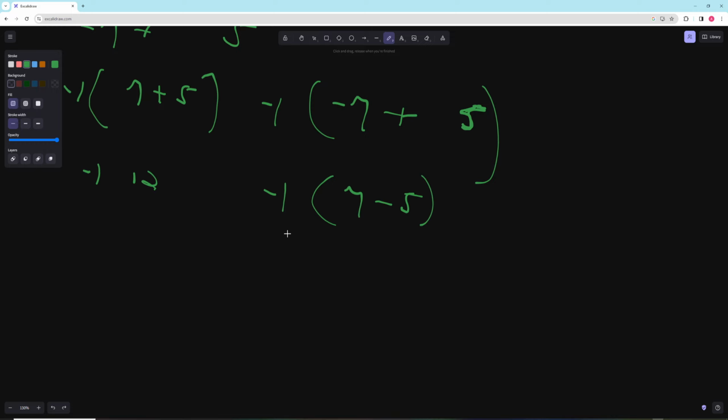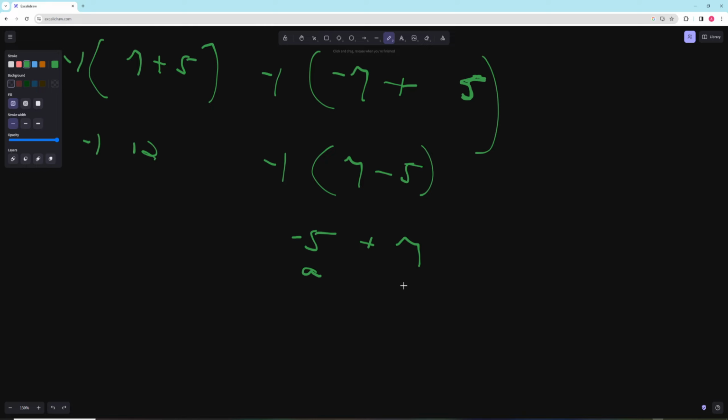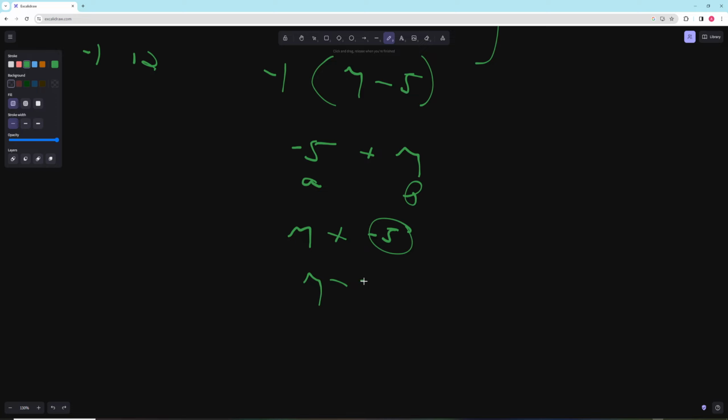Now the other format would be, let's say you had -5 plus 7. If you had a format like this, it would work as well to do the difference. If this was a and b, you would just swap them around, and in a sum you are allowed to swap around values. This is equal to 7 plus -5, and that's just the same as 7 minus 5, and so on.